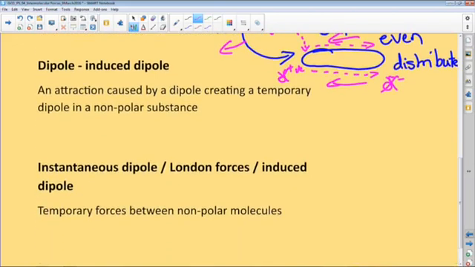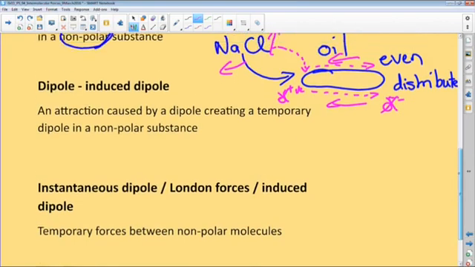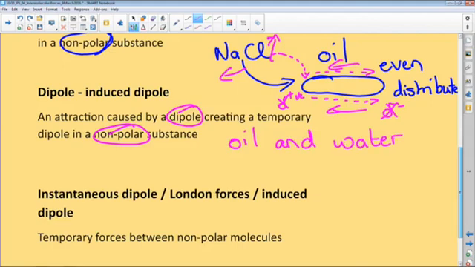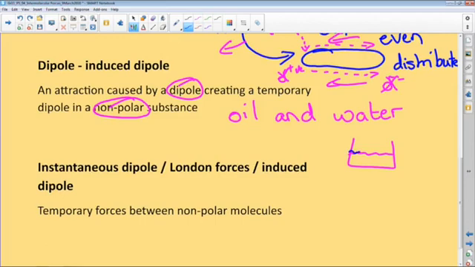Now, what about a dipole-induced dipole? Exactly the same idea as our ion-induced dipole, except this time you're going to have a polar substance and a non-polar substance. An example again could be oil and water. If I put water at the bottom, I'm going to find a layer of oil on the top.